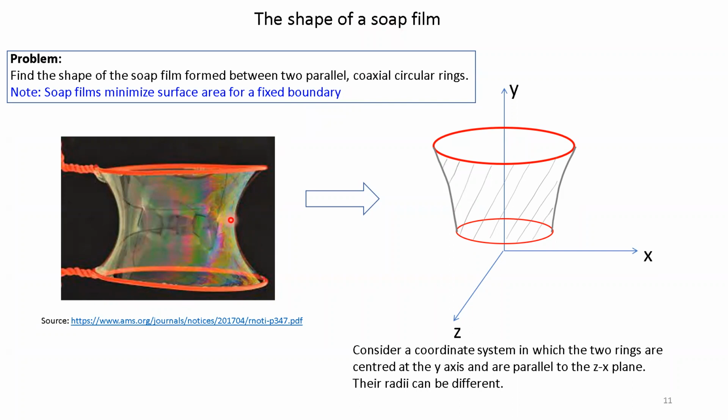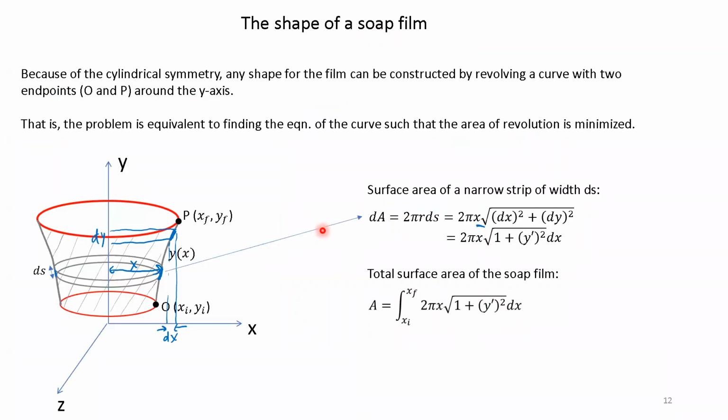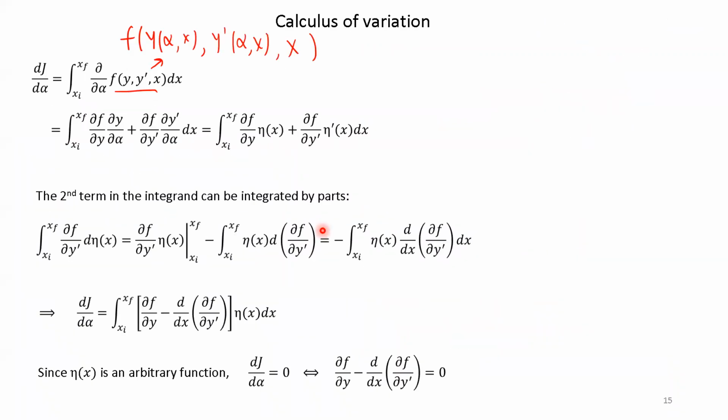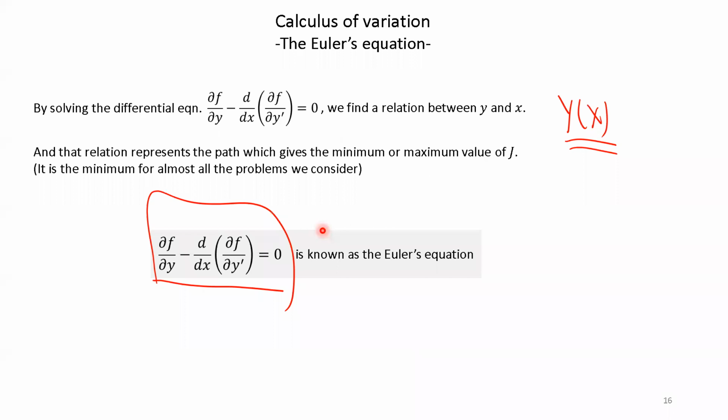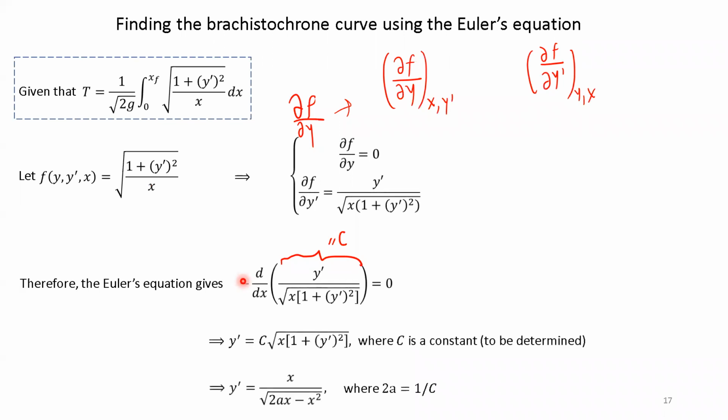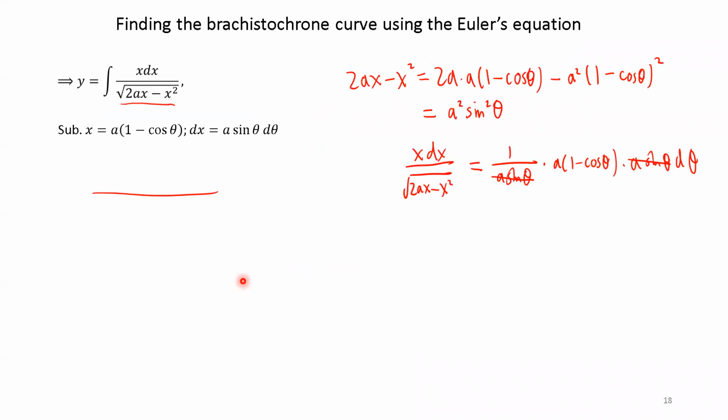Again, the method that we use is the calculus of variation, where the key result is the so-called Euler's equation.